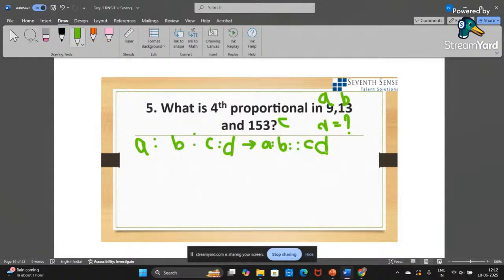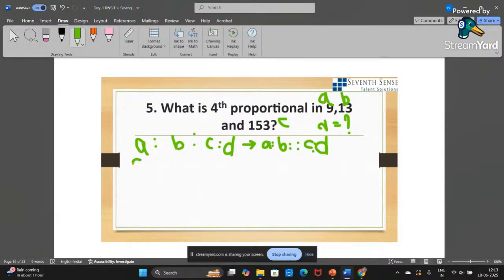If you feel it's slow, just keep the speed at like 1.25. Okay, now we have written A is to B is to C is to D as A is to B equates to C is to D. Here, I forgot to add is to. C is to D. Now let us substitute the values over here.